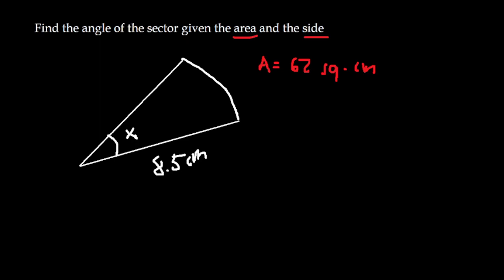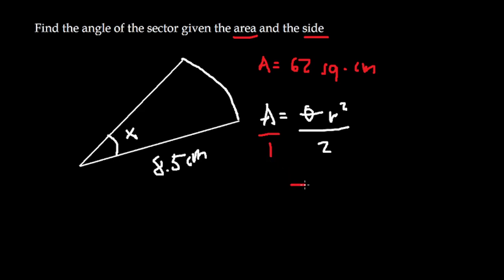So, I want you to go back to the formula again. A is equal to theta or the given angle r squared over 2. Now, we will use the previous na ginawa natin to find the side. Same principle applies for this, but this time, ang kailangan naman nating i-isolate is yung theta. So, again, area is already over 1.